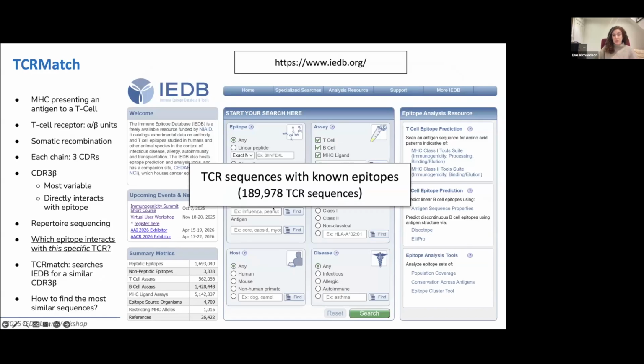The number Lonneke presented is nearly 190,000 T cell receptor sequences. So if you have a CDR3 beta of a T cell you're interested in, it's absolutely worth looking for exact matches within the database, and with so many, there's a good chance that you'll find that exact CDR3 beta.